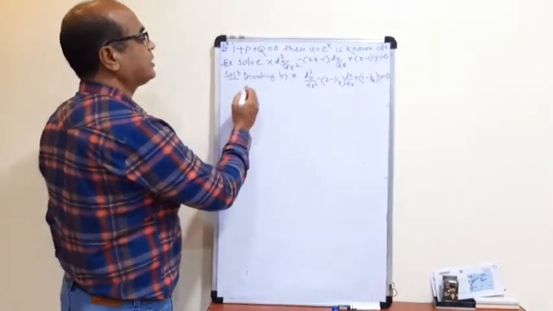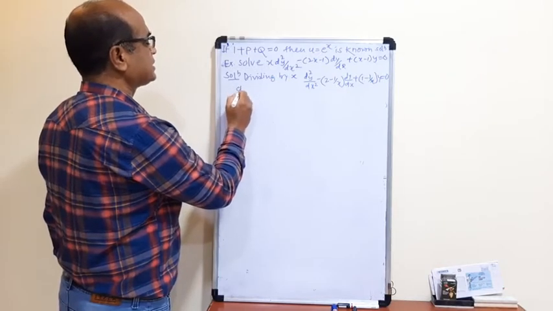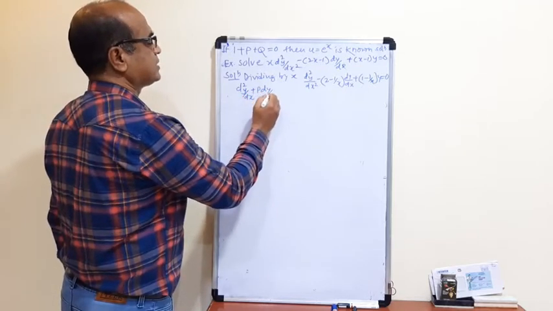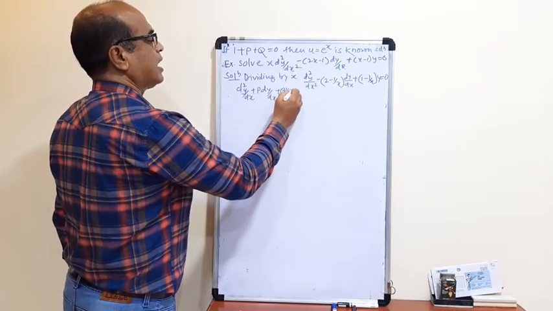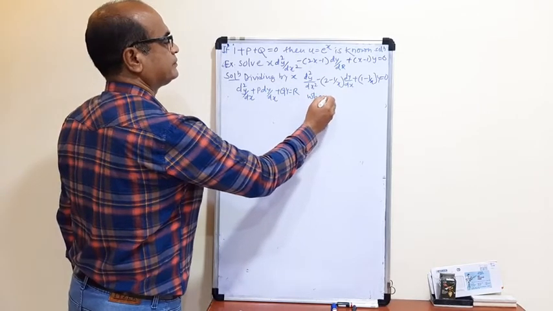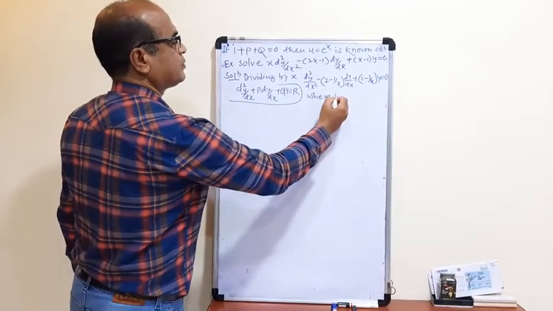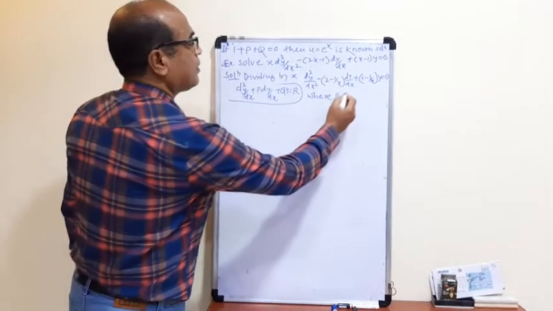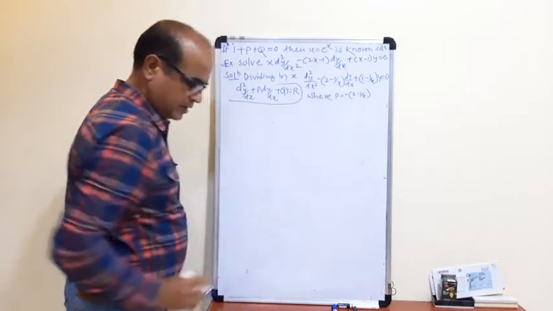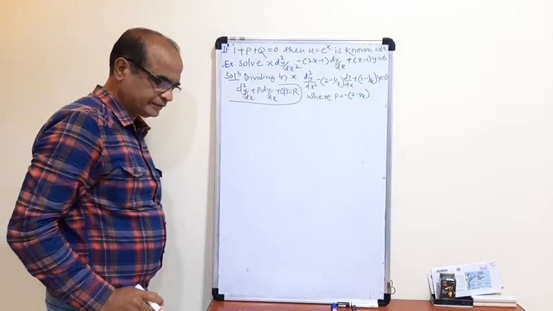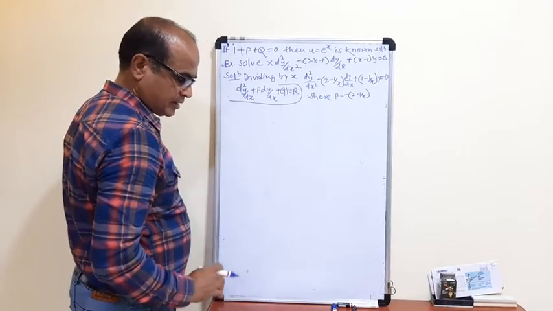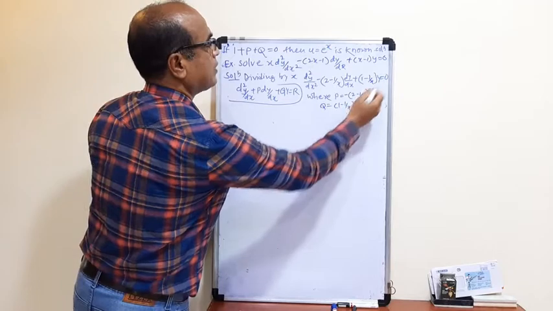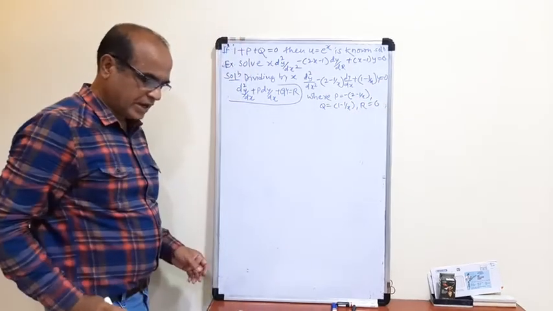We compare this equation with the standard equation d2y by dx square plus p dy by dx plus qy is equal to r, where p is equal to minus (2 minus 1 upon x), q is 1 minus 1 upon x, and r is equal to 0.